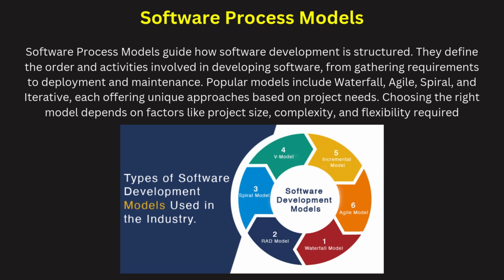Also the V-shape model, iterative model, the spiral model, the scrum model, the rapid application development model and DevOps. So lots of models are there in software engineering. Today we will discuss these topics.